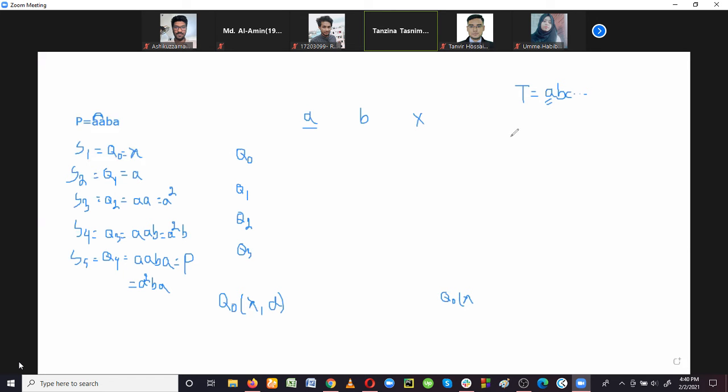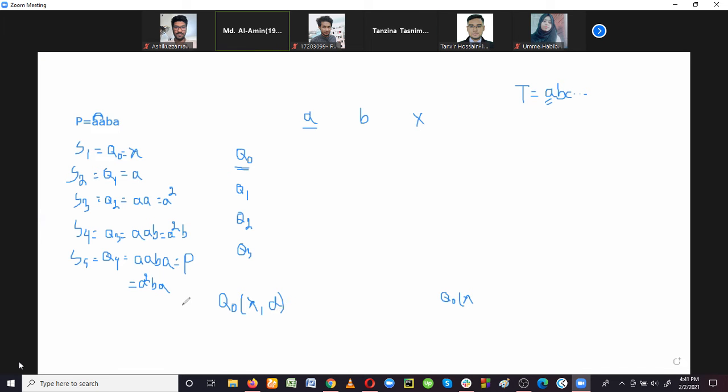When it reads a character from the text, it will compare that character with the value of its own state. The algorithm is in which state? Q0, and here the value is lambda. Initially the state is empty, right? So what will happen after reading a character from the text? What is the value of that text? A.